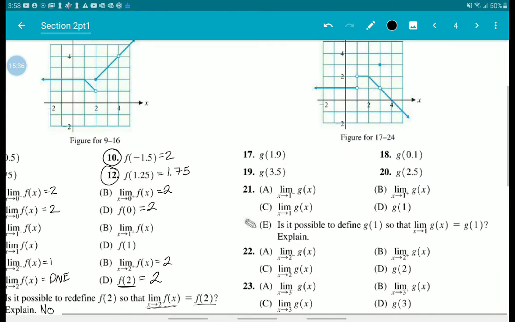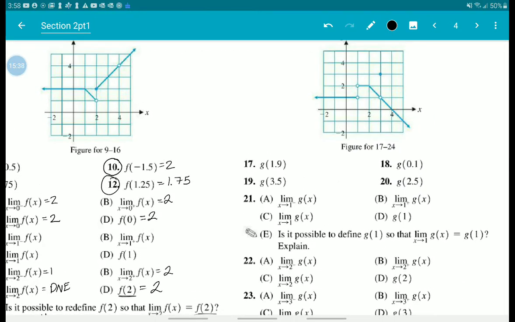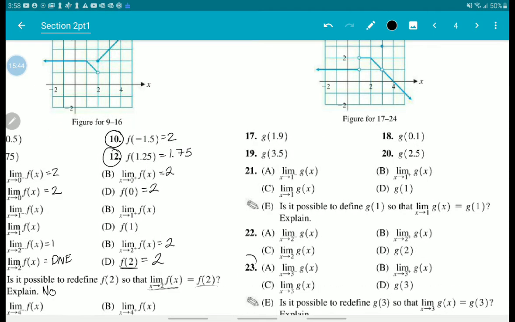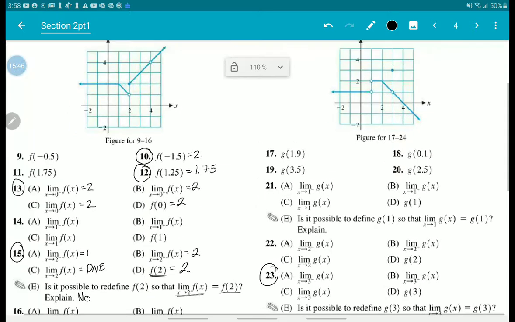Now, if we look at this next problem over here, let's look at 23. So now I've got a different piecewise function. And I'm asking what the limit is as x approaches 3.